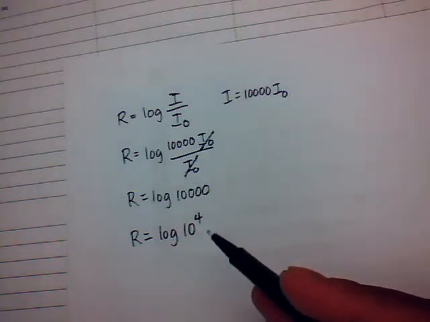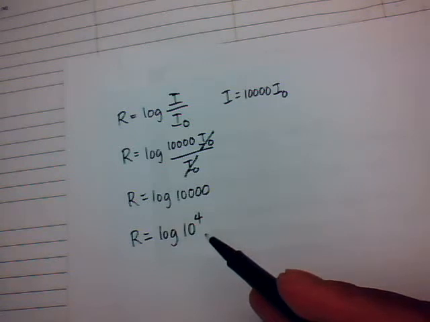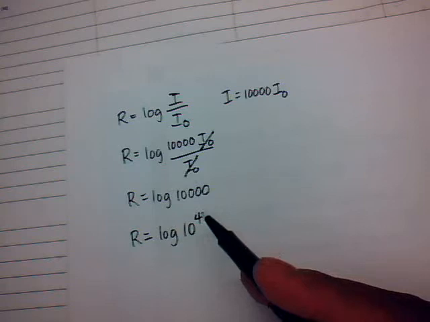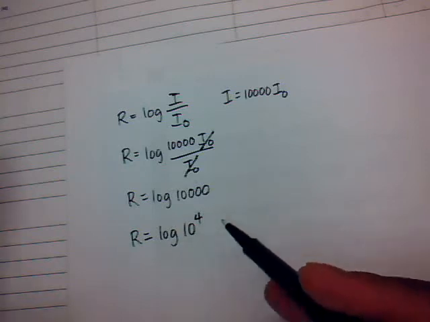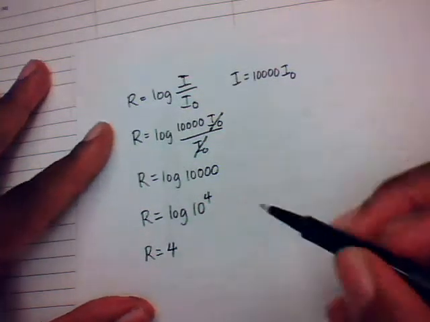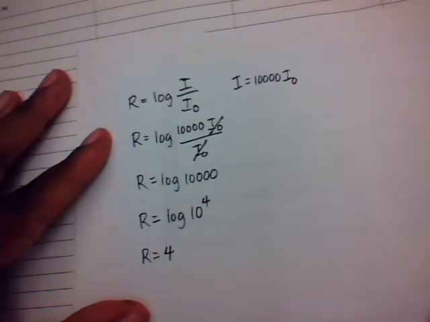Then I can use one of the properties of logarithms. The log of 10 to whatever that exponent is, is that exponent. So log of 10 to the 4th will simply be 4. So the magnitude here would be 4.